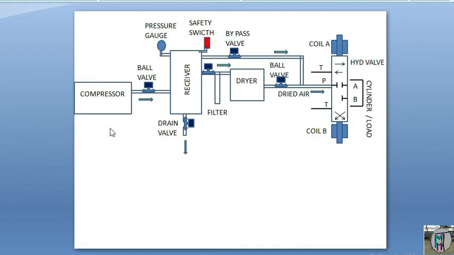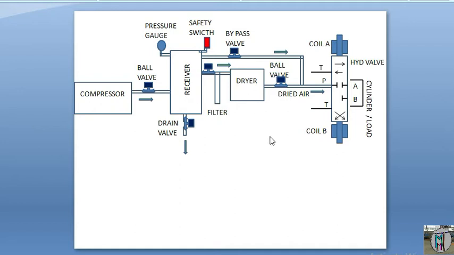So compressor air is in the receiver, when we need air we can use it, and when we don't want to use it, we can close it and the pressure will stay here. When the pressure we have set is reached, the compressor stops itself. So the pressure made by the compressor can be held here.